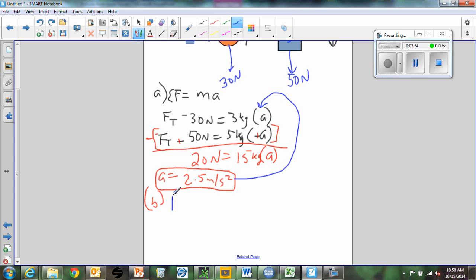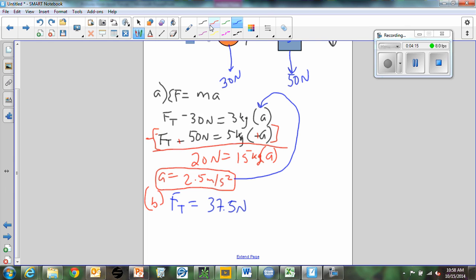When you do that, you're going to get Ft is equal to 37.5 newtons. So Ft minus 30 equals 3 times positive 2.5. So 3 times 2.5 gives me a number, and then I add 30 to it because it's net minus 30, so I add it on both sides. That's how I get that.